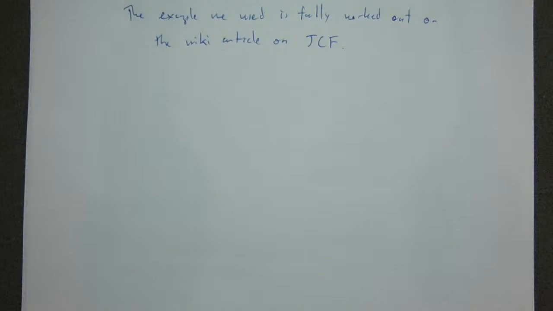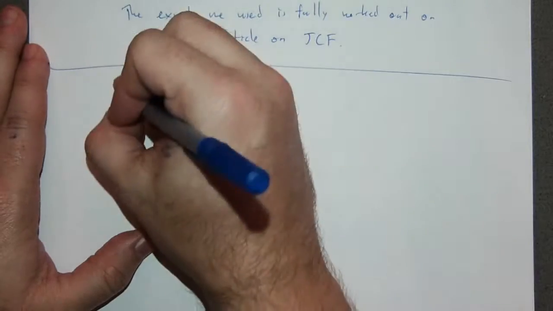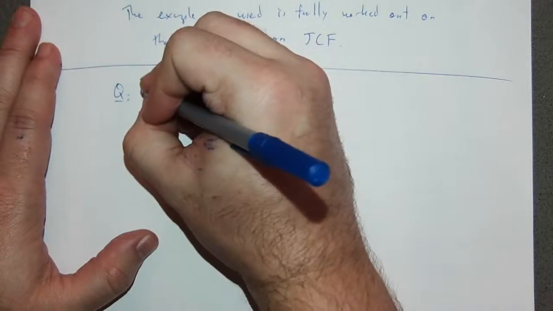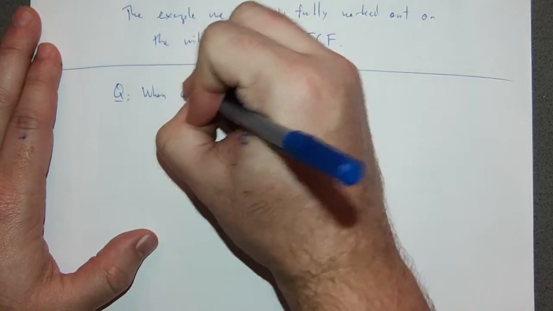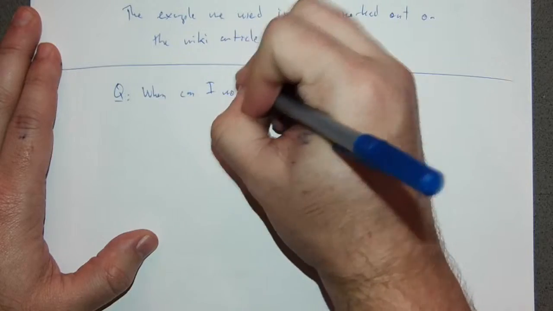Why does this work? Another question you could ask that's similar is, when does this not work? Unfortunately, you can't do this for every matrix. So when can I not do this?